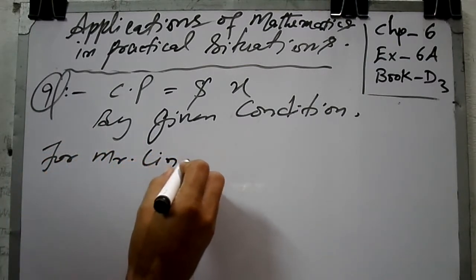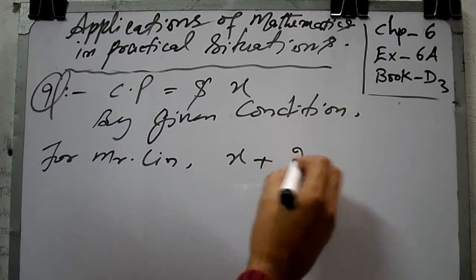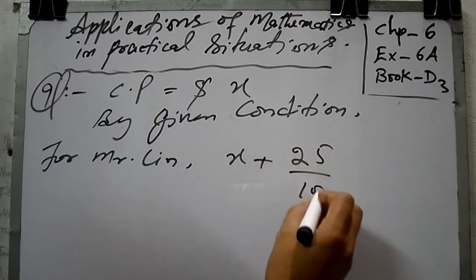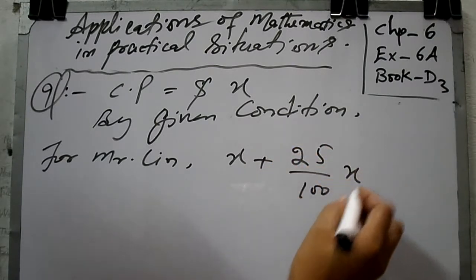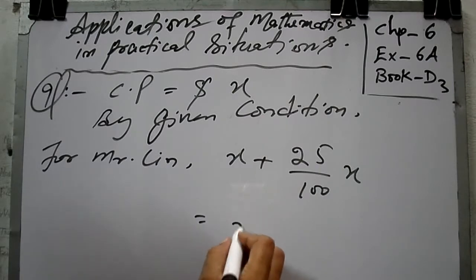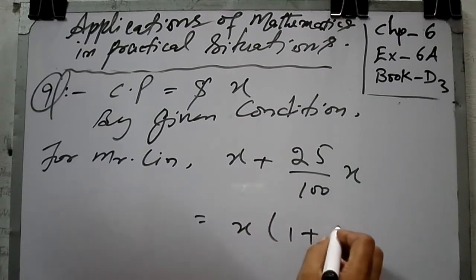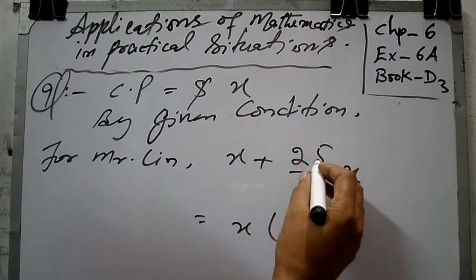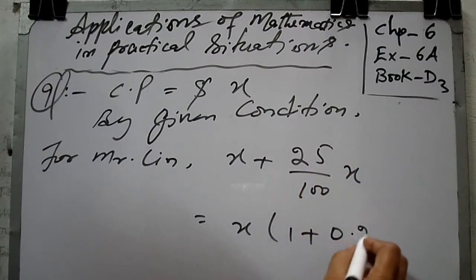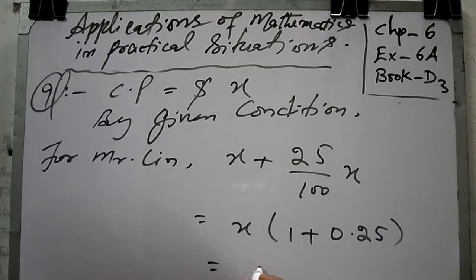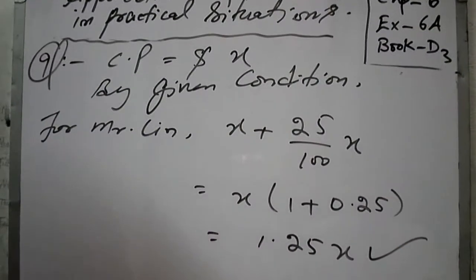For Mr. Lin it is 25%. That is the given condition. So taking x as common, 25 divided by 100, you will get 0.25, and after simplification 1.25x. So that is the given condition for Mr. Lin.